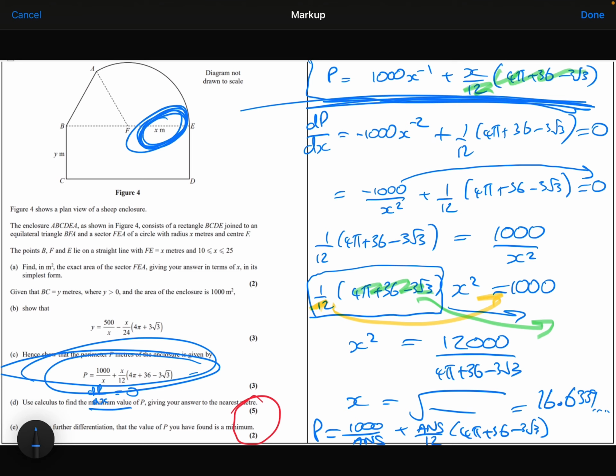So just bear with me while I type that into my calculator. And we get that the minimum value of the perimeter to the nearest metre is 120 metres. And that is your answer to part D of the question.